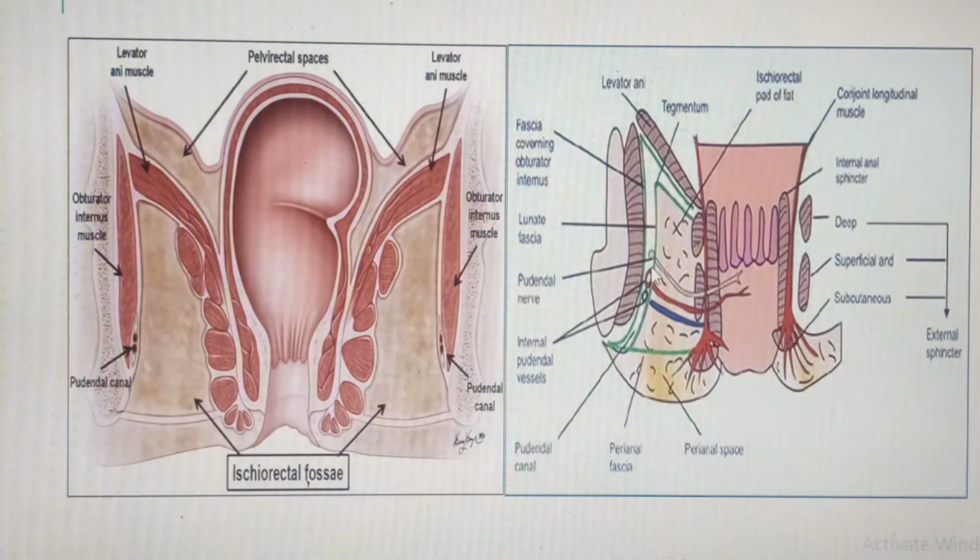The branch coming from the pudendal nerve is known as the inferior rectal nerve. The one coming from the internal pudendal artery will be the inferior rectal artery. Then the one draining, as a tributary of the internal pudendal vein, will be the inferior rectal vein.